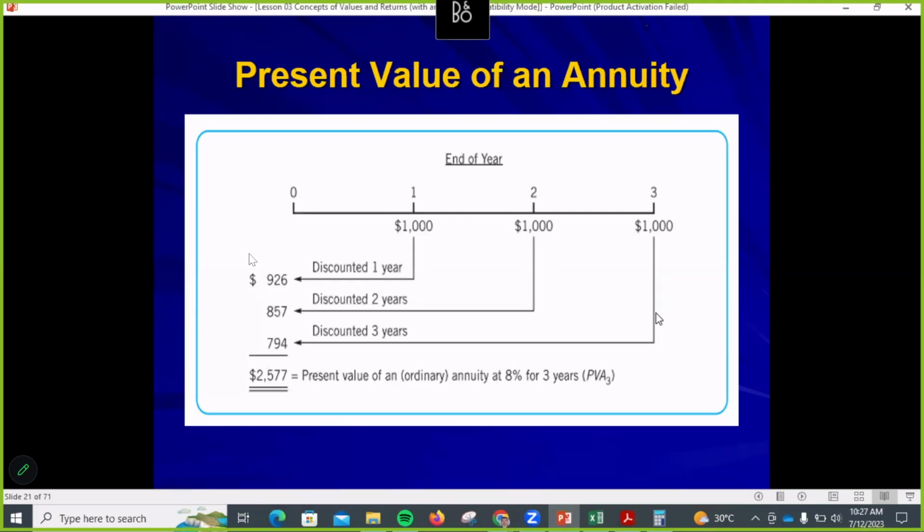Suppose that you can't calculate this one. You can apply the present value lump sum formula. That is easy. So how can you do that?